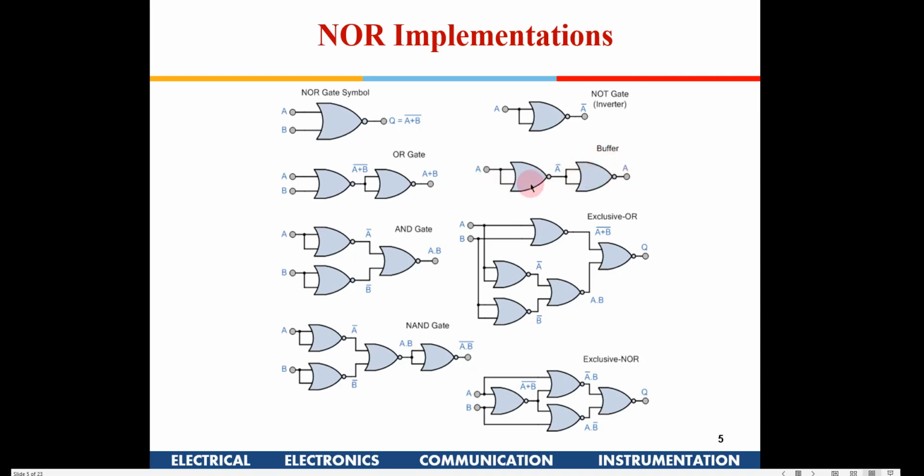Like I said, in this case also, whenever you have to drive large external loads, you use a buffer with the second NOR gate, which is capable of giving high current. This is more specific, like in the case of microprocessors, where you can also use this. Suppose a microprocessor is giving an output and you want to drive an LED or things like that.